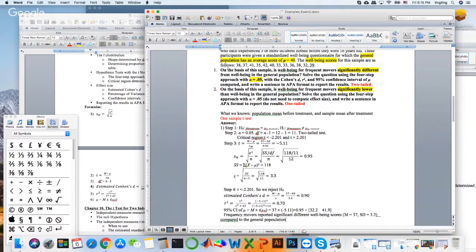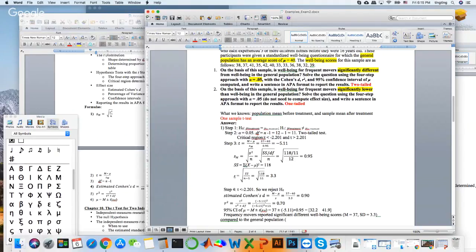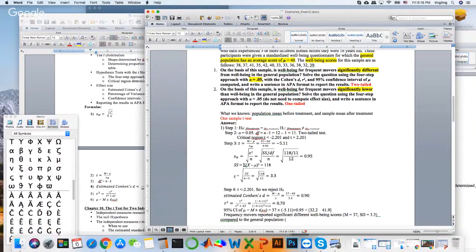General population is our population before treatment. So here we report what we know, the population mean. Mu equals 40. And then we report our statistic scores.